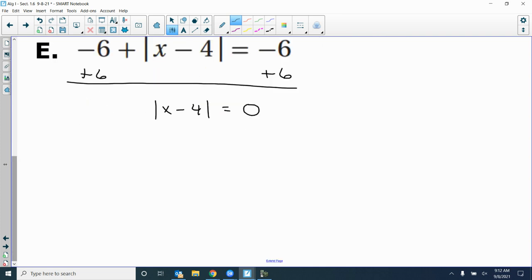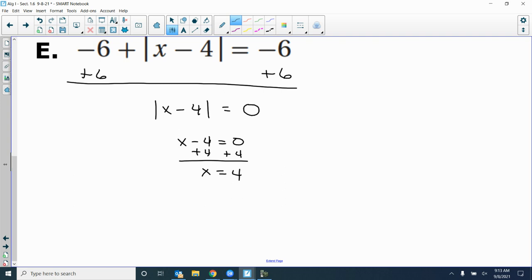No, so here's all you do: you just figure out what makes it equal 0. You just drop the absolute value bars and you only have one equation. And so I add 4 to both sides and you get x equals positive 4. It doesn't make sense to do a positive 0 and a negative 0. There's no such thing as negative 0. Okay, it's just 0. So you get one answer.